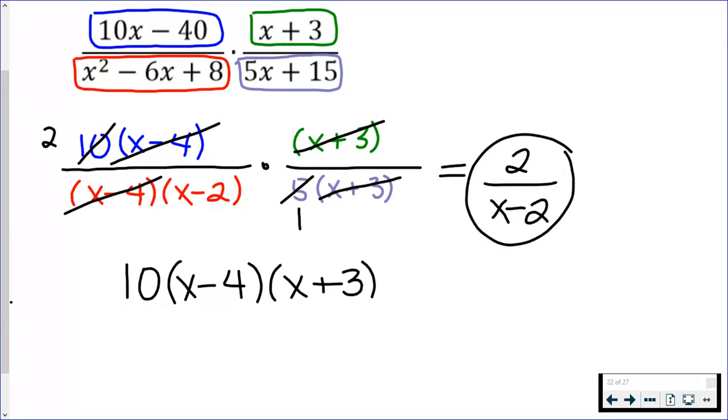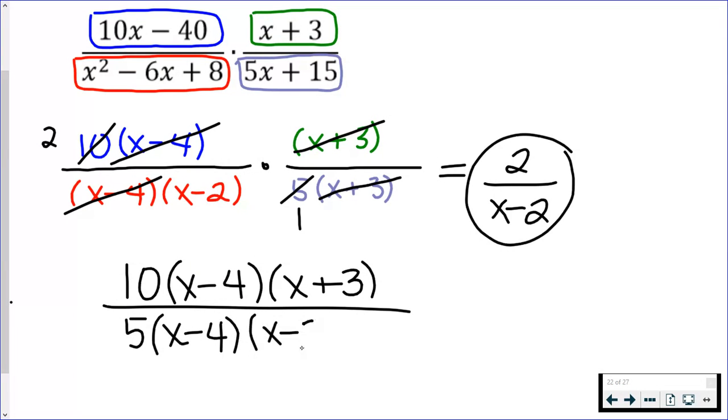So multiplying straight across, I'm just combining everything in the numerator, and I'm going to do the same thing in the denominator. So that's just what I had before I started crossing stuff out. So now you can see that I have a bunch of stuff in the numerator, a bunch of stuff in the denominator, and then what I did was I just started crossing stuff out until I was left with the answer that I just circled.